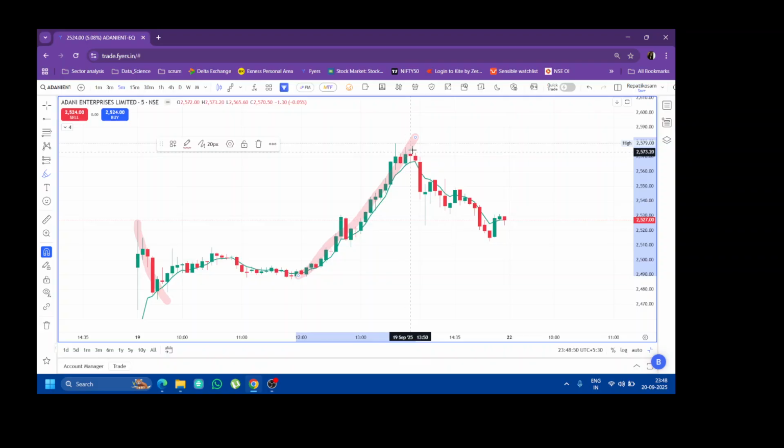Every trend line will have a trend line reversal in this scenario. So that is the first concept, the trend line. Okay. In this scenario, the trend line reversal is this candle. This green candle is my trend line reversal.